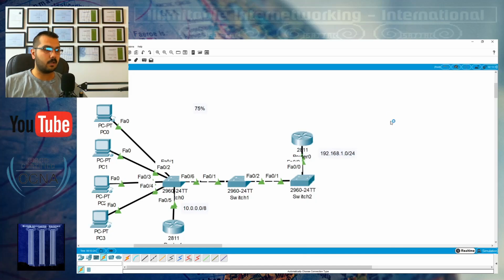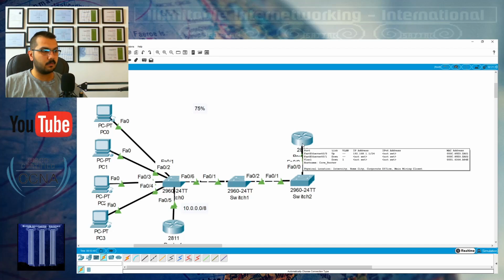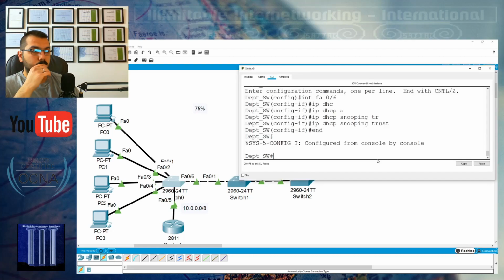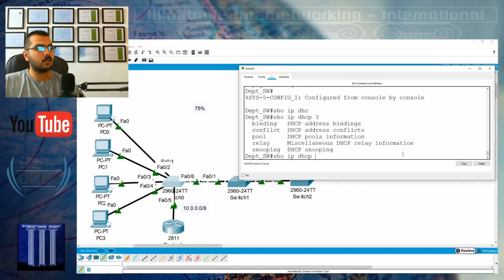So what have I lost right now? Have I forgotten anything? No, I did not. Okay, it's only about this router and this guy. FastEthernet 0/0, yes, it's the correct interface. It should reach all of those. So what did the trust do? Show IP DHCP snooping.